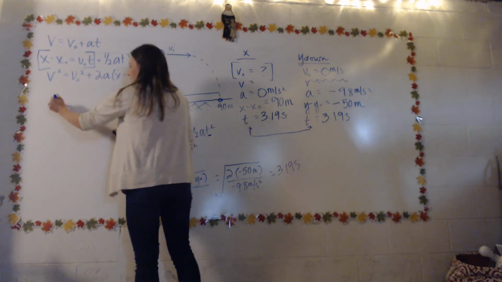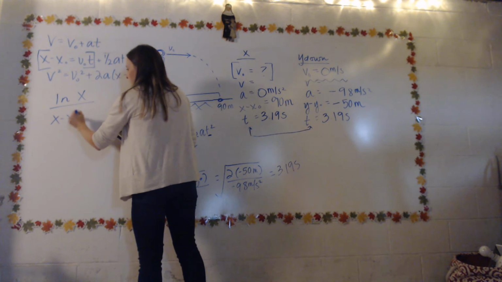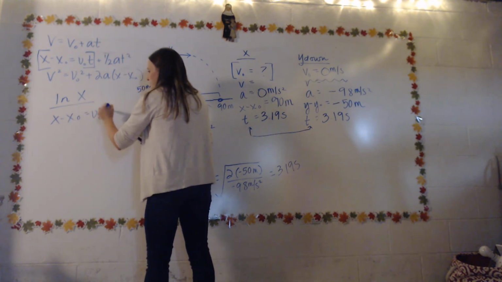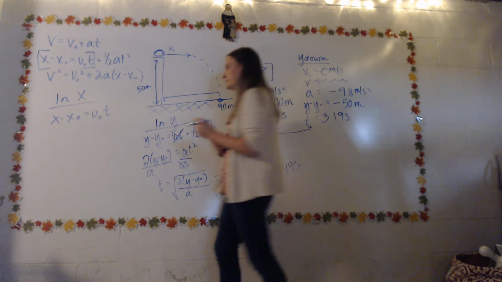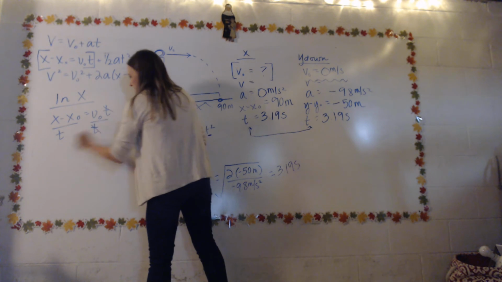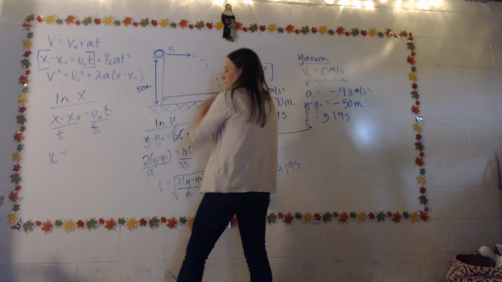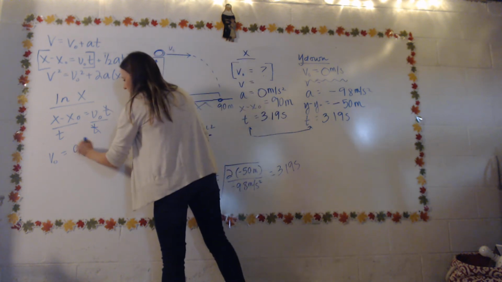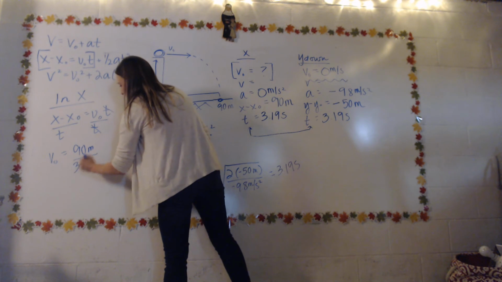So if I'm solving in x for this particular problem, I'm going to say x minus x naught is equal to v naught times t. And I'm going to solve for v naught. This is v naught in x that I'm finding. So I divide both sides by t. So v naught in x is equal to x minus x naught, which was our range of 90 meters, divided by the time, 3.19 seconds.